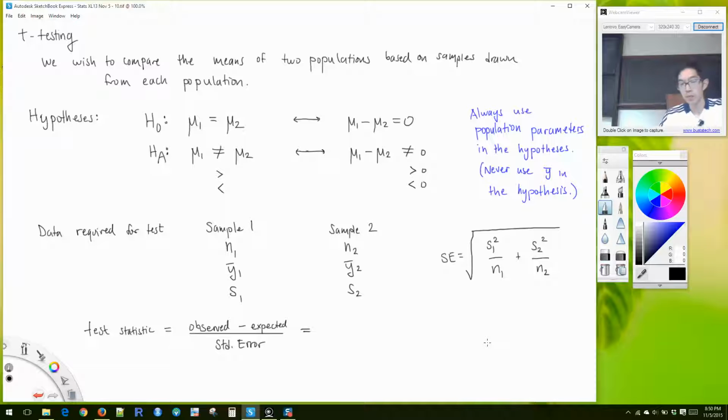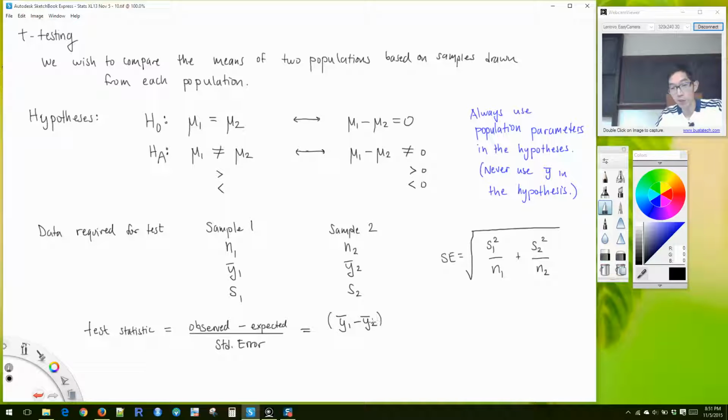Okay, so when we're talking about two populations and two samples and using that to compare means, what we observe is a difference between means. So the observed value we see is y bar 1 minus y bar 2. If the null hypothesis were true, what would we expect y bar 1 minus y bar 2 to be?